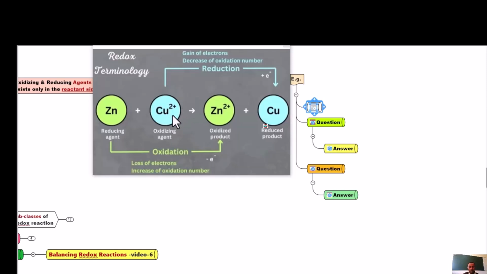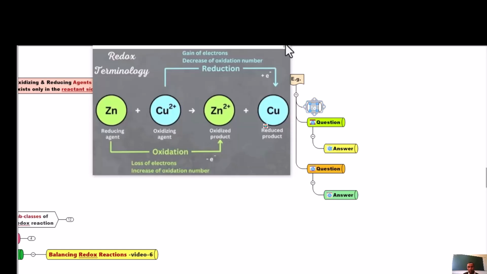Similarly, copper is reduced from copper 2 plus to copper 0, and copper 2 plus acts as the oxidizing agent. Note that the oxidizing agent and reducing agent always appear on the reactant side, not on the product side.